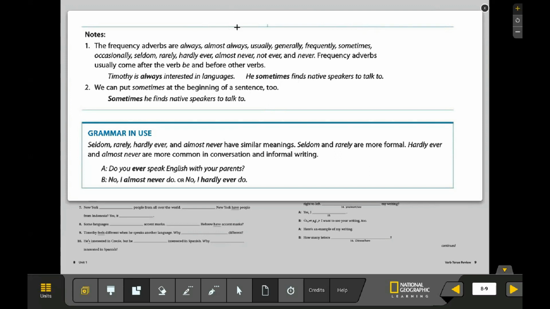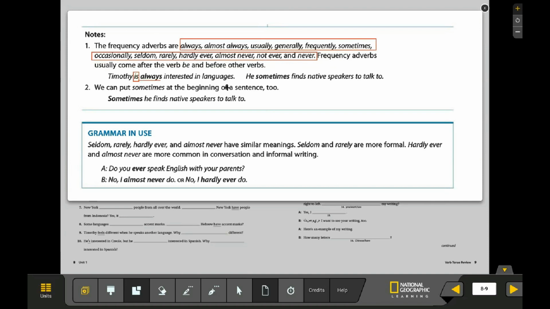Very good. This is really important, the position of the frequency word. So you have them here. Okay, all of these are the frequency adverbs. You guys remember. And where do we put them in a sentence? If we have the verb be, they usually come after the verb be. Okay.